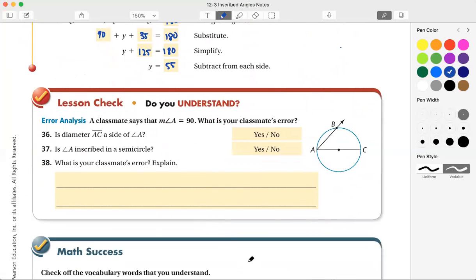All right, so a classmate says that the measure of angle A is 90 degrees. What is your classmate's error? So is diameter AC a side of angle A? Yeah. Is A inscribed in the semicircle?